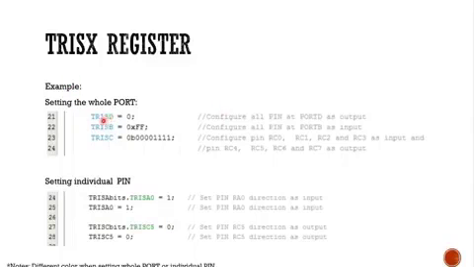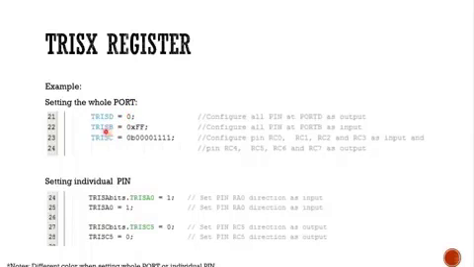We program. Okay. So if we are setting the whole port, let's say we are using port D. Port D contains up to 8 bits. If you put 0, it means that right after this, port D will become output. It is sufficient if you put only a single 0.